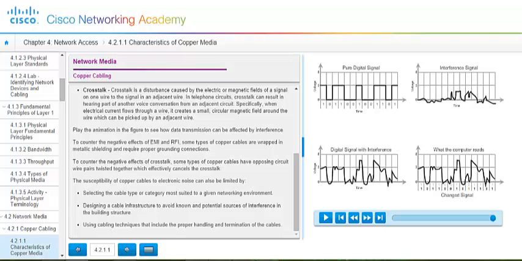The susceptibility of copper cables to electric noise can also be limited by selecting the type of cable and the category most suited to your given networking environment, and designing cable infrastructure to avoid known and potential sources of interference in the building structure. Also, using cable techniques that include the proper handling and termination of the cables.